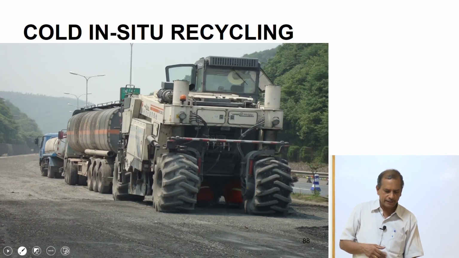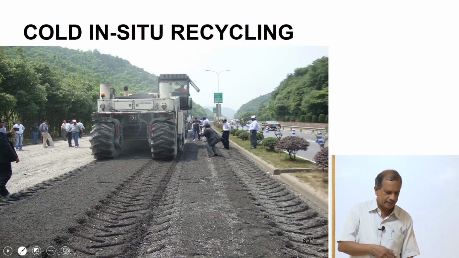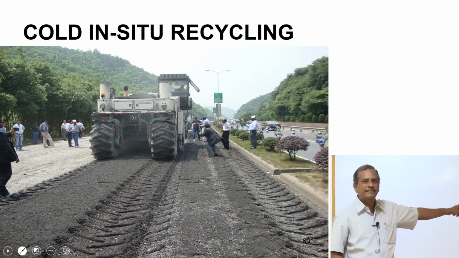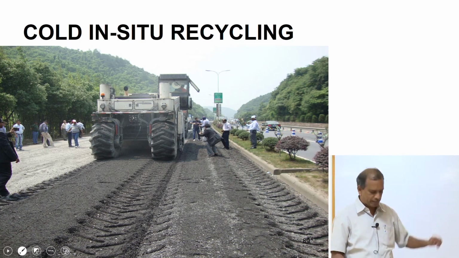In the case of cold recycling, this is how the material looks like. I can use that as one of the excellent binder coats. I can reduce the thickness of the bituminous layers.